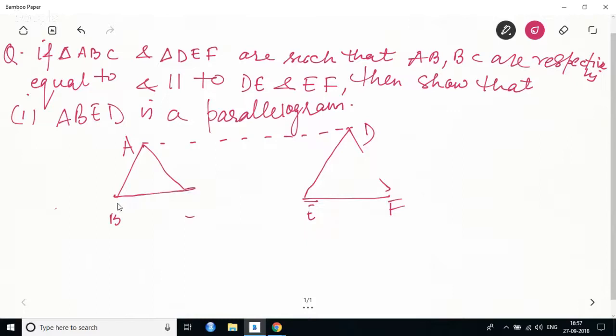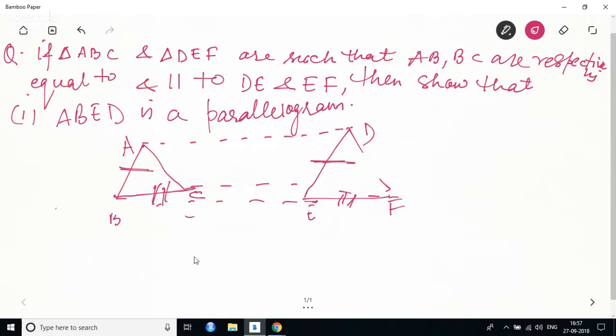Suppose something like this. So this goes from here and this goes from here, and this is C. Now AB is equal to DE and BC is equal to EF. Now what happens guys is I have to prove that ABED. It means that which two sides? ABED. So look at here. AB and ED are equal. It has been given. And BC and EF, it has been given.